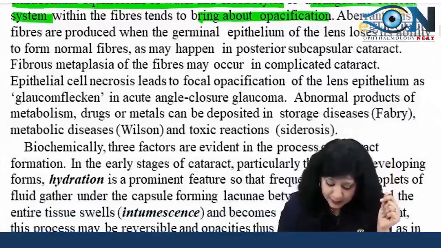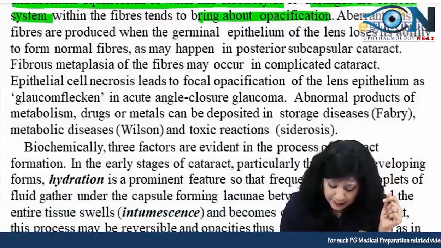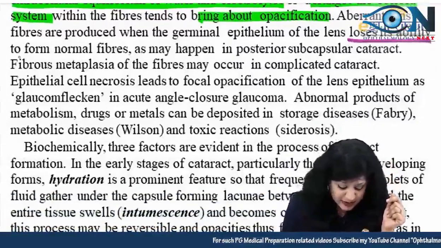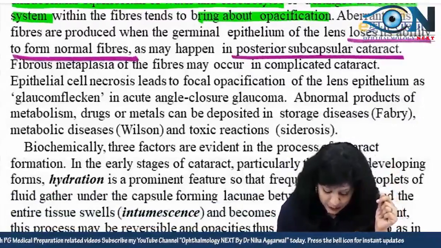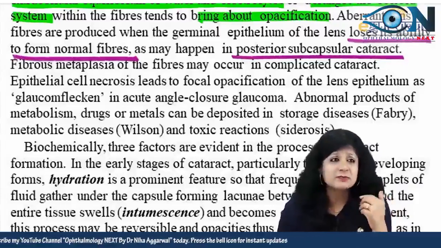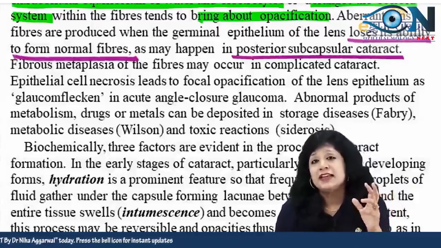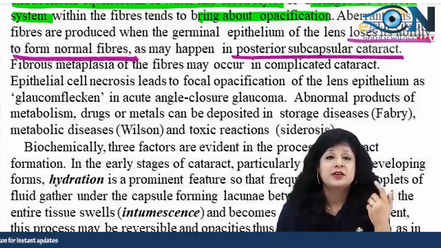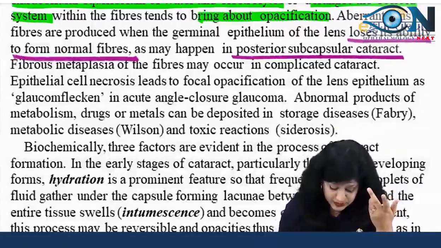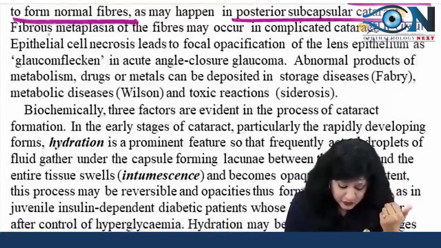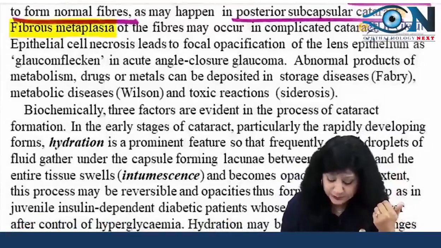Aberrant lens fibers are produced when the germinal epithelium of the lens loses its ability to form normal fibers, like it is happening in the posterior subcapsular cataract. Some types of cataract are related to hydration, some are due to aberrant formation of the fibers. Then in some cases we have fibrous metaplasia, like in complicated cataract.